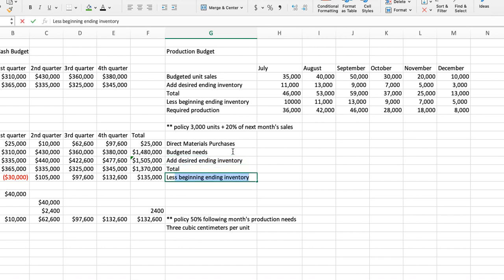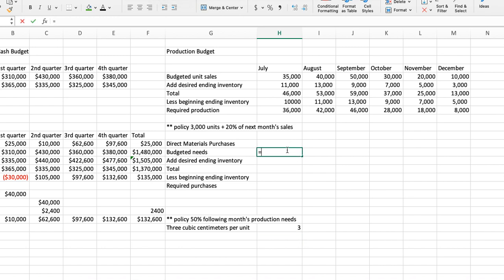We have our desired ending inventory. We have our total. We have less beginning inventory. And we have required purchases, not production, because we're purchasing direct materials. And so this is going to be driven by our production, because we need 3 units for what we're producing.